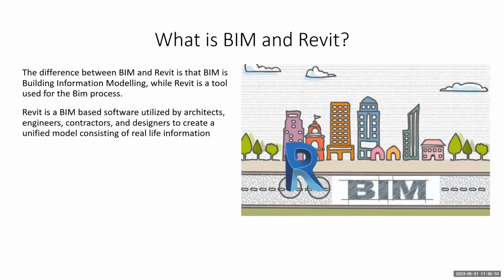BIM and Revit. The difference between BIM and Revit is that BIM is building information modeling, while Revit is a tool used for the BIM process. Revit is a BIM-based software utilized by architects, engineers, contractors, and designers to create a unified model consisting of real-life information.